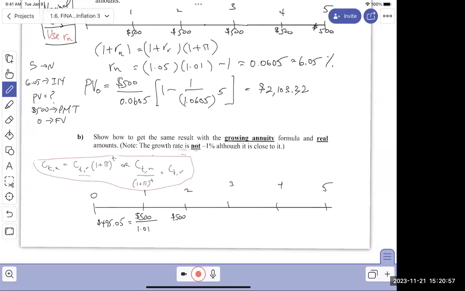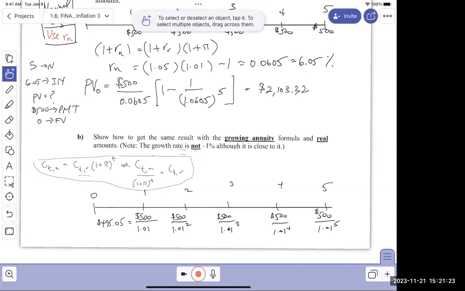So then 500 over 1.01, and I have to put a square. The next one is 500 over 1.01 cubed, then 500 over 1.01 to the fourth, and 500 over 1.01 to the fifth. Now we have to find a pattern because we're told to use the growing annuity.